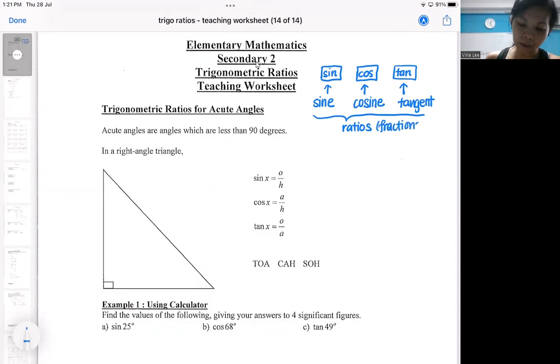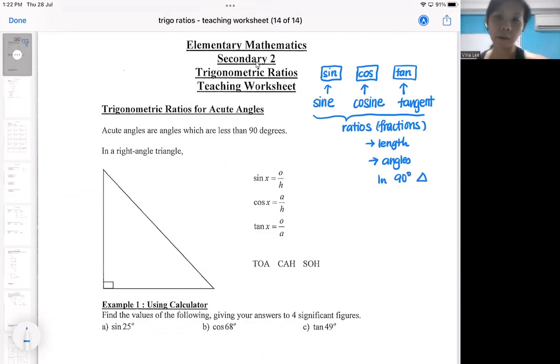So what are we using this for? These three ratios are used to calculate length and angle in a right angle triangle. If you still remember, your Pythagoras theorem also calculates length, and it is also applicable in a right angle triangle.